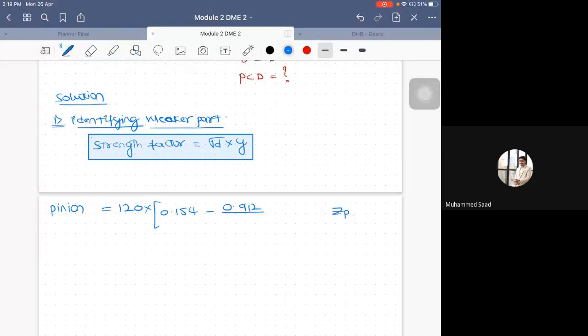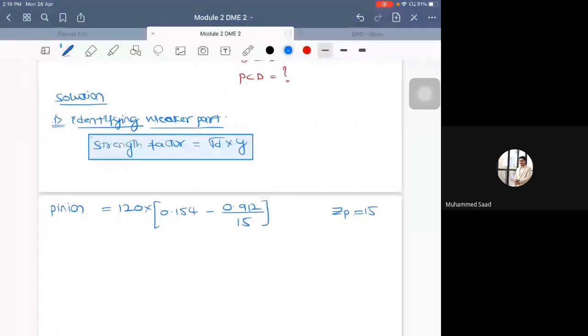So Zp is given as 15. No issue in calculating the strength factor for the pinion. Can you give me the value? The strength factor of the pinion is 11.184 megapascal.